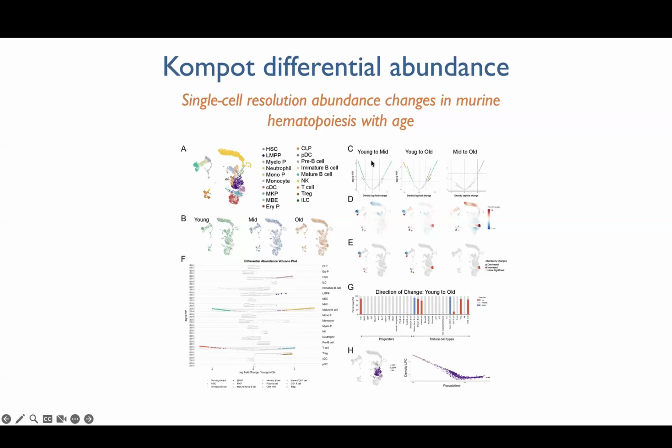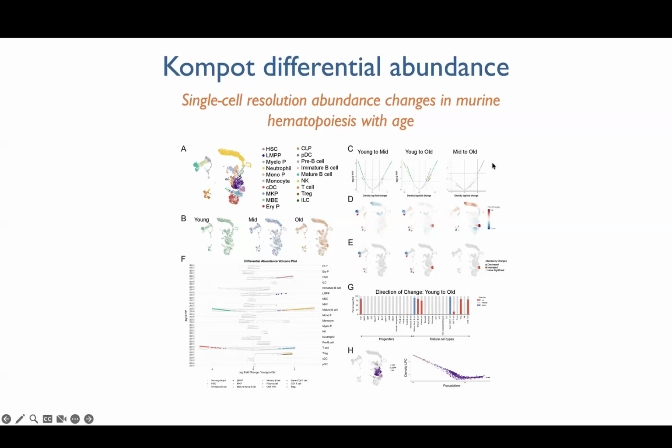Let's start with young to mid. This gives us the fold change, but it also gives you a way to threshold them and say these are truly significantly differentially abundant. Not super obvious from here. What's interesting is that when you go from young to mid, the main changes tend to be in the more mature populations.